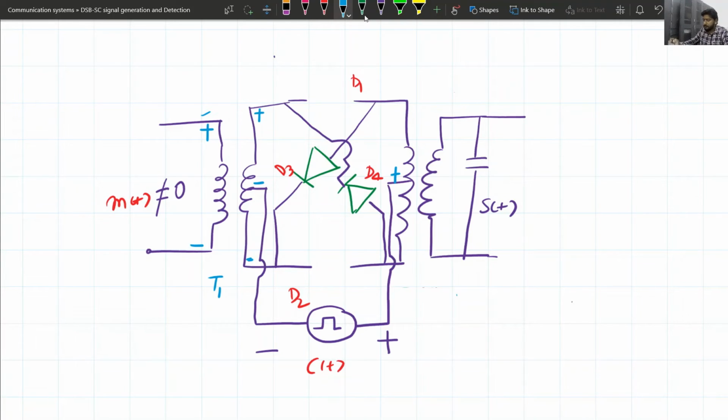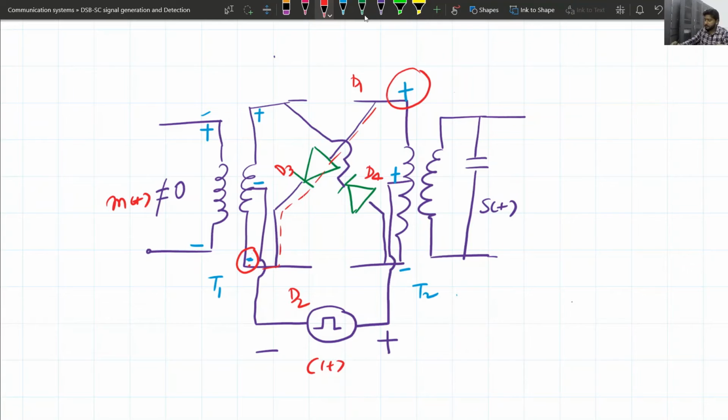But one thing to observe here is that for the primary of T2, the positive node of T2 is shorted with the negative of the secondary of T2.